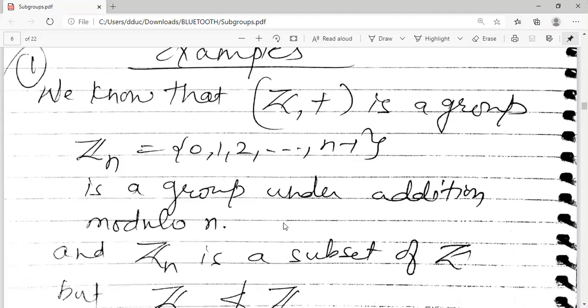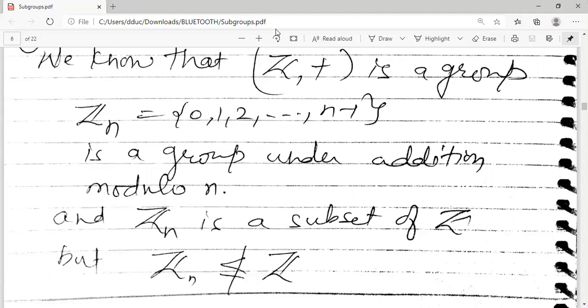Now, this set Z has integers and Zn also has integers. So Zn is a subset of Z. But Zn is not a subgroup of Z. Why is it not a subgroup? Because the operation is different in both of these groups. Here it becomes a group under the addition composition, but here we are saying that the composition is addition modulo n, so they are not the same composition.